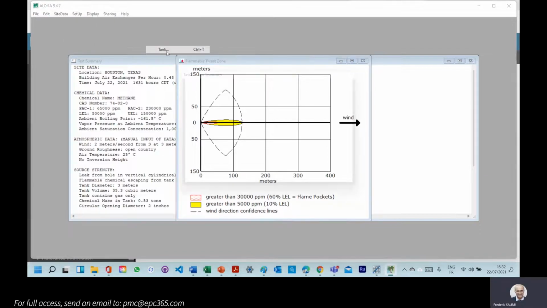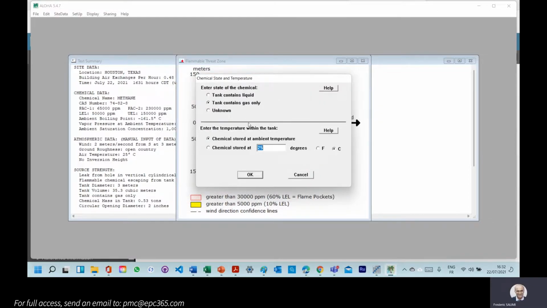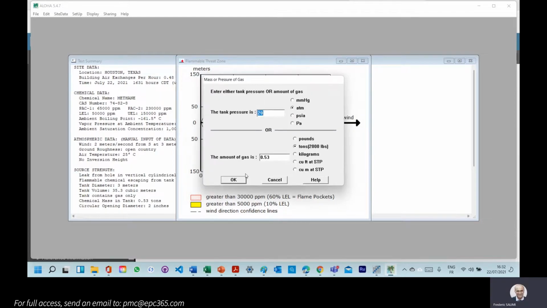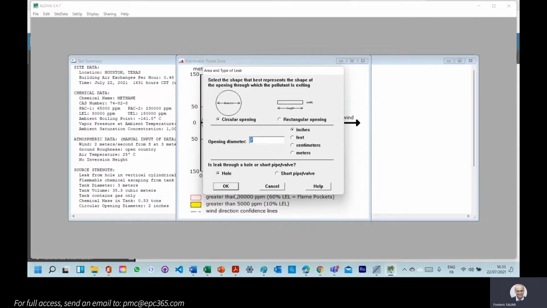And then when you put the atmospheric data, I put here a tank with diameter 3 meters and length 5 meters. This is a tank with gas, only methane. Tank pressure is 20 bar. And then I want to calculate a leaking tank. The chemical is not burning. I want to see the LEL, how far it goes. You can also see the jet fire if you want.